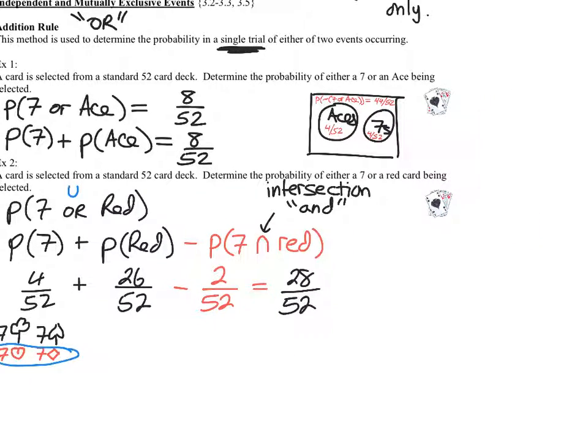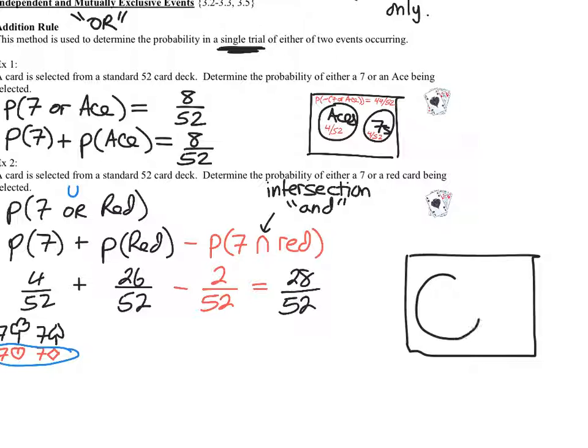Now visually, in the form of a Venn diagram, draw it a little bit bigger this time, we'd have our set of red cards, which is a lot. Then we'd have our set of 7s, which is not as much. And then we'd have our overlap, which is the set of red sevens.